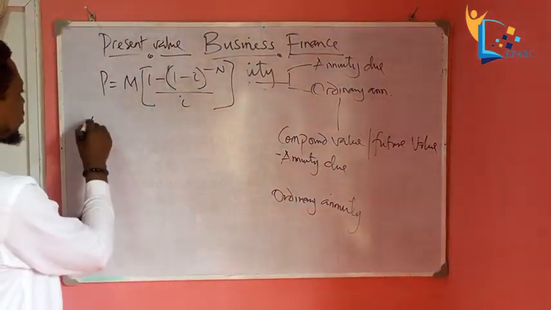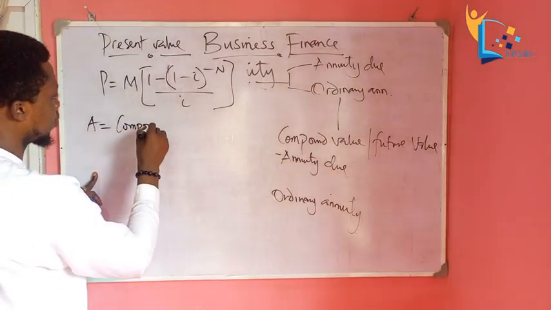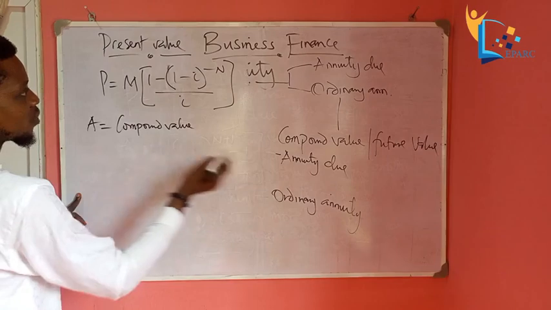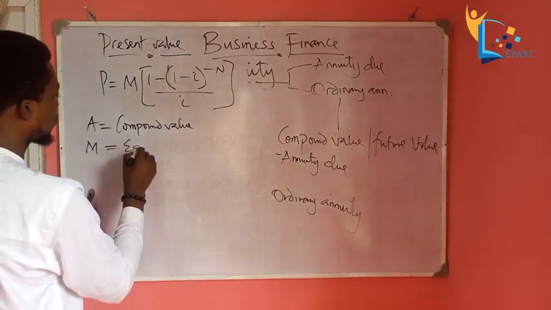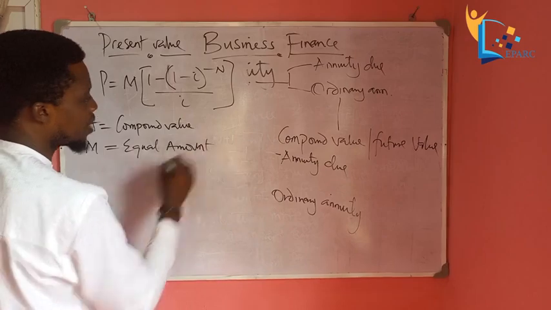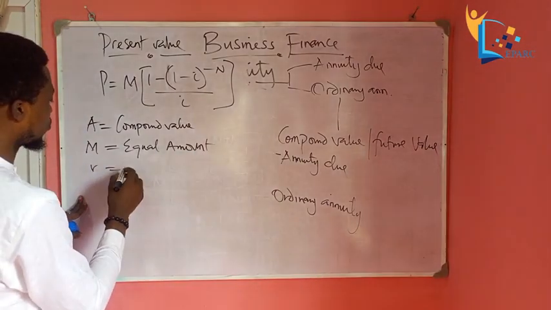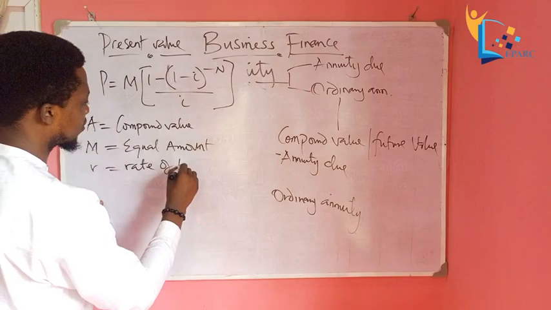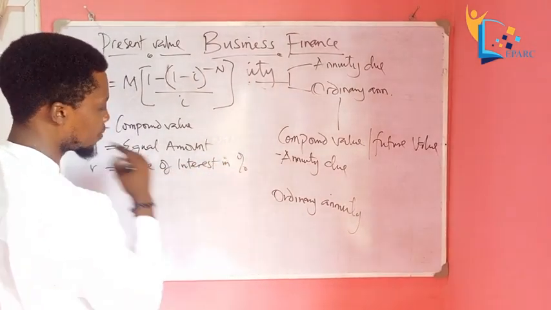Now A, you can call A the compound value or future value. M stands for equal amount. R is equal to the rate of interest in percentage.